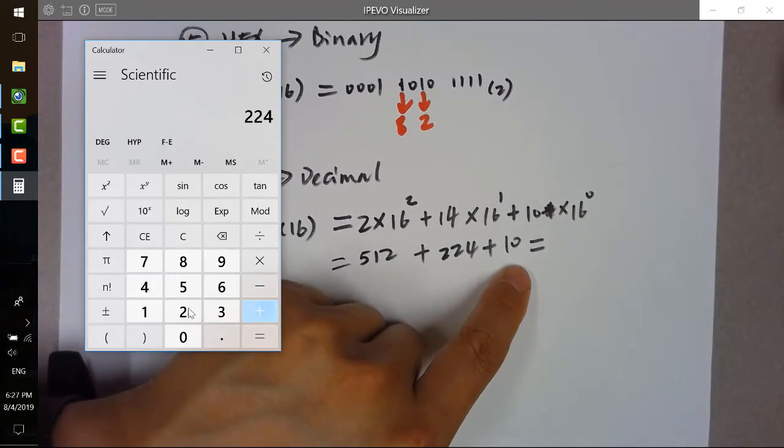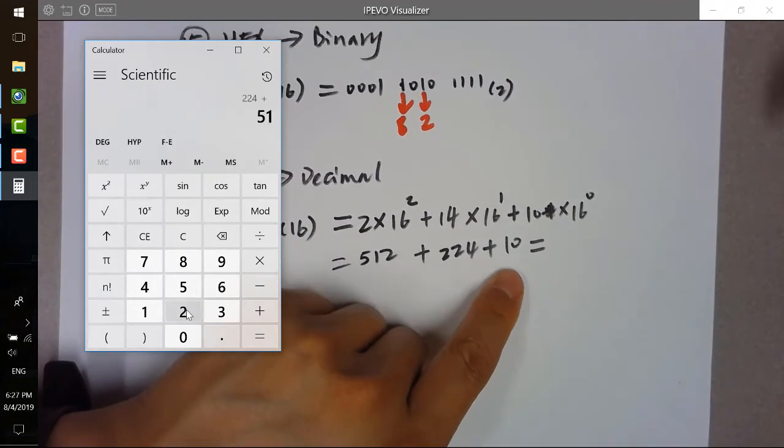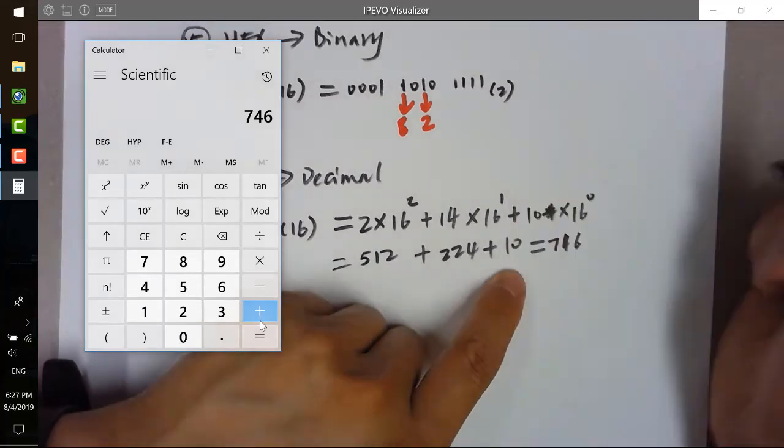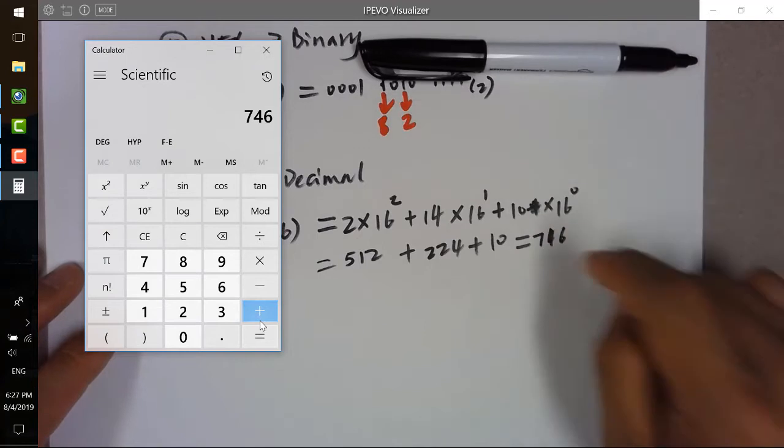So let's add them together. 512 plus 224 plus 10. That's the final number.